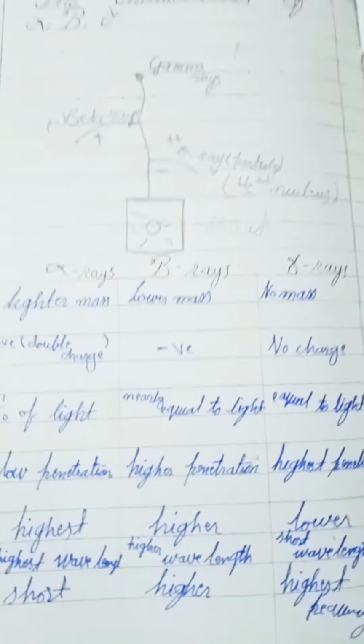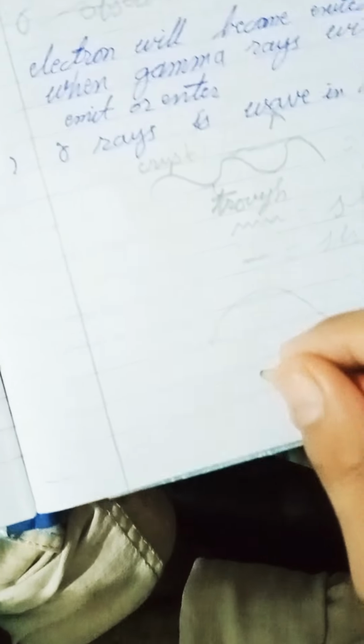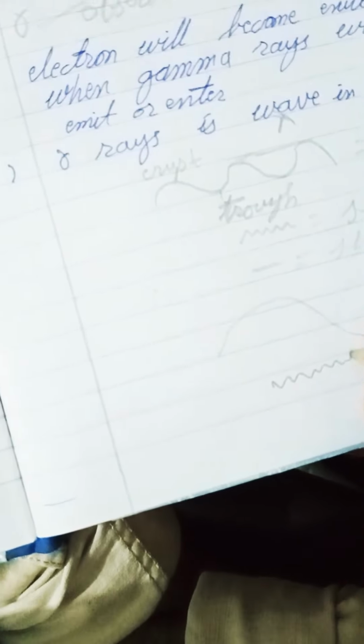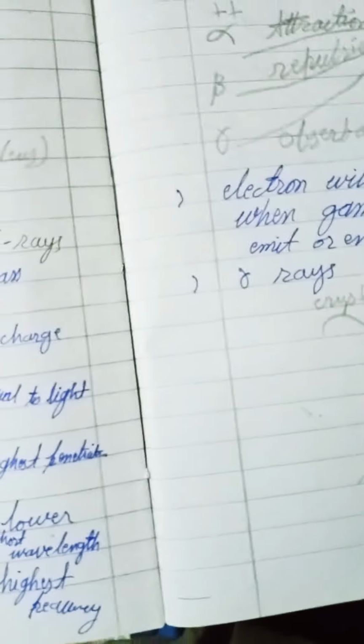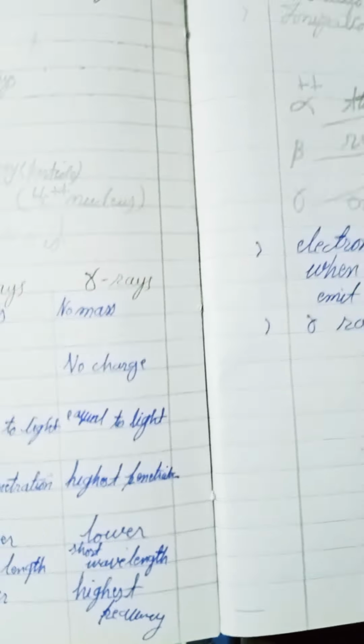On second number, beta rays will have higher frequency because they have less mass. And on third, gamma rays move very fast, like energy, so they have high frequency. So these are the last points.